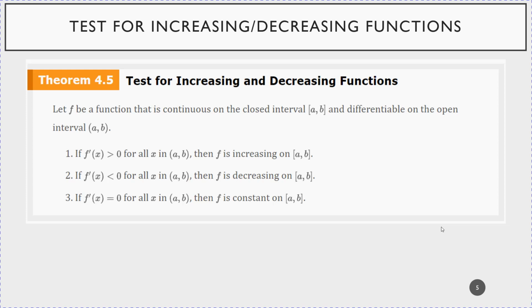And if f prime of x is equal to 0 for all x in a to b, then f is constant on that interval. Again, what we're looking at is the sign of the first derivative: positive, increasing; negative, decreasing; equal to 0, constant.